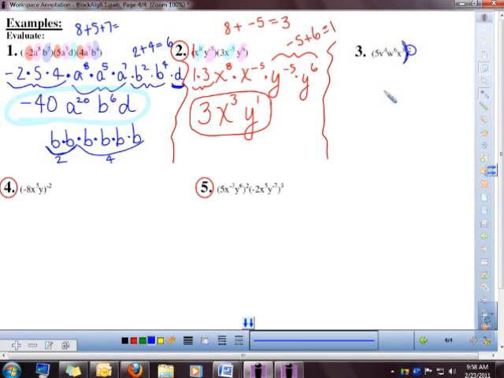And remember, when you don't see an exponent, what is it? A 1. So what's the exponent for the 5? A 1. And that's my caution on this problem. We're going to say 2 times 1, not 2 times 5. Okay? 2 times 1, not 2 times 5.